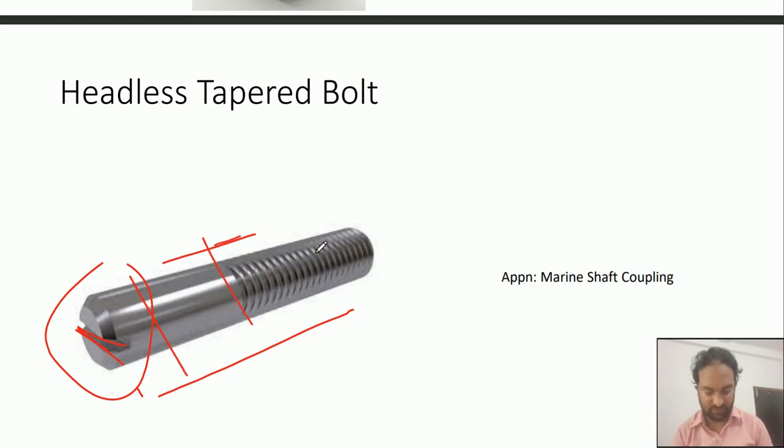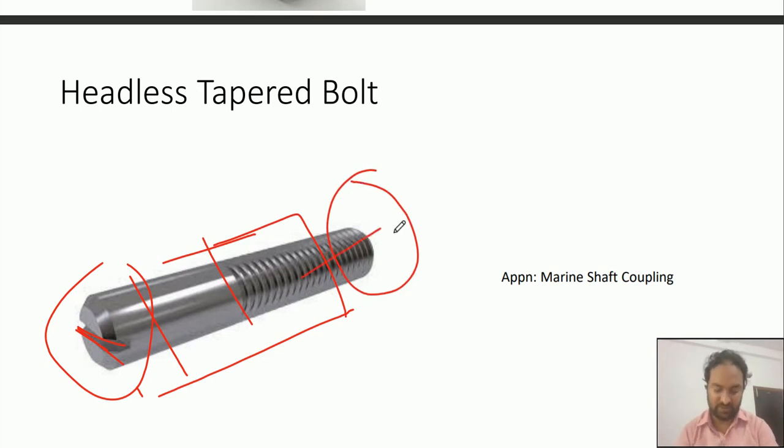We can use a nut at the other end, or it can be directly used in the internal thread of a hole. A particular application is marine shaft coupling, where this type of headless tapered bolt is used.